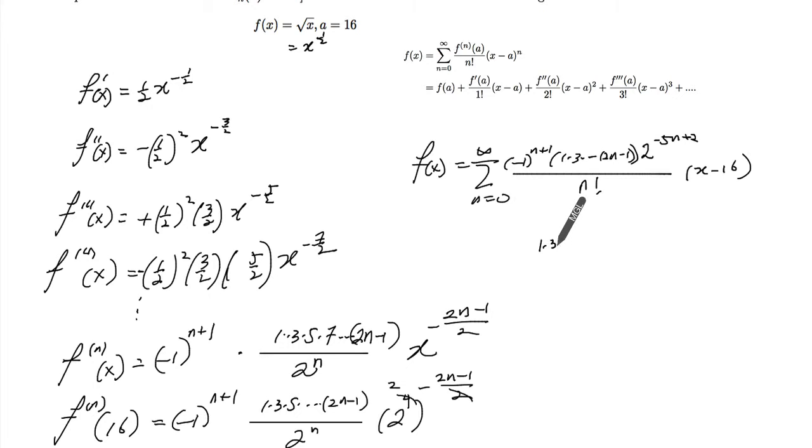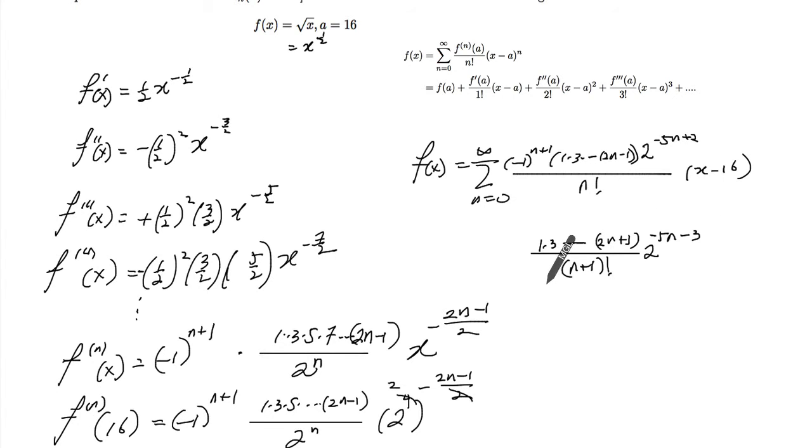You get 1, 3, all the way to, if you just put n plus 1 in there, you get 2n plus 1 instead of 2n minus 1. n plus 1 factorial, and this becomes minus 5 n plus 1, so you get 5n minus 3.